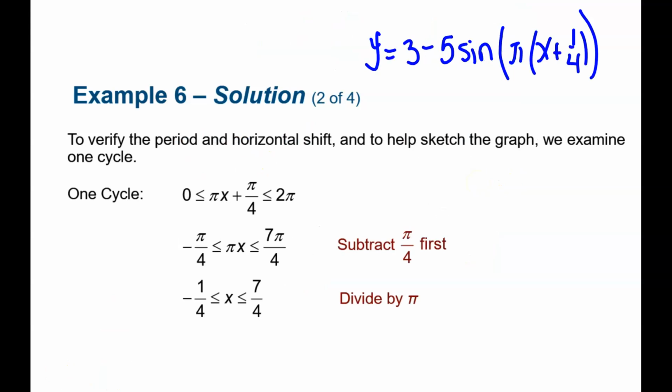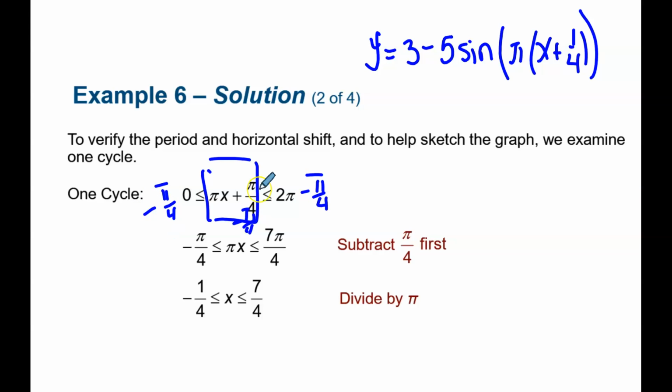To verify the period and horizontal shift, and to help sketch the graph, we examine one cycle. We remember that the sine function completes a cycle from 0 to 2 pi. We take the original argument and simplify until we get x by itself. So we subtract pi over 4 from the left and right sides.